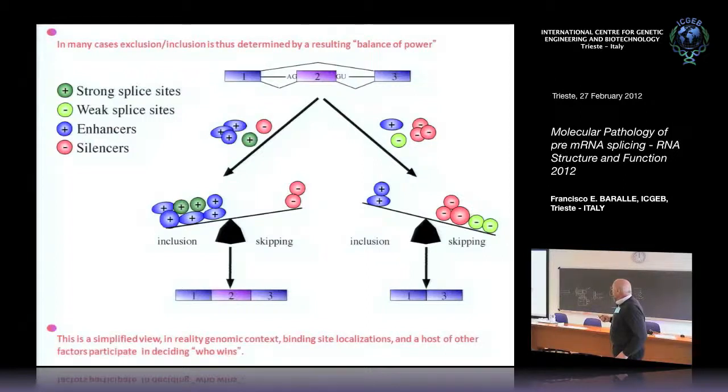And the other factor is the interactions of protein and RNA at the level of enhancers and silencers, positive and negative interactions. If you have a strong splice site and many positive interactions, you get inclusion of the exon. If you have a weak splice site and a lot of negative interactions, you get skipping.